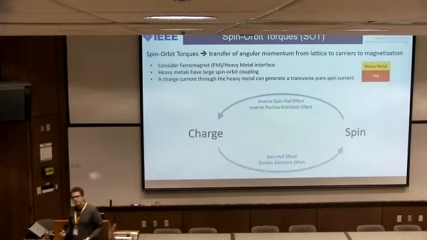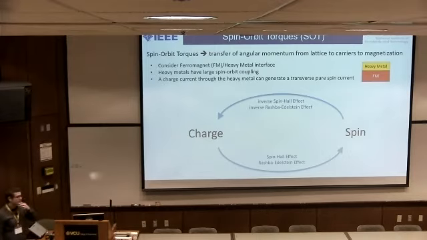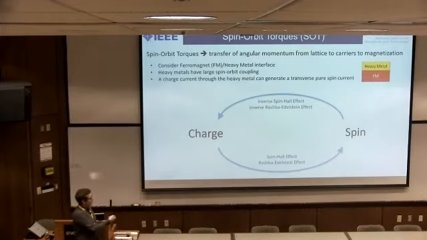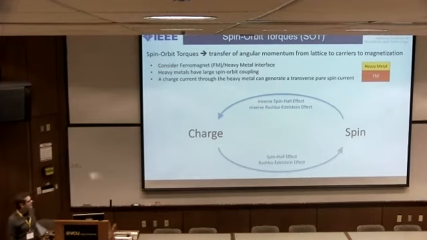So here we're talking about the concept of spin orbit torques. And this, of course, is a very important topic because of the concept of spin to charge conversion or charge to spin conversion, where essentially you go from a charge current to a transverse pure spin current or vice versa. The two spin orbit torques we're going to talk about today are what we call the spin Hall effect and Rashba-Edelstein effects.